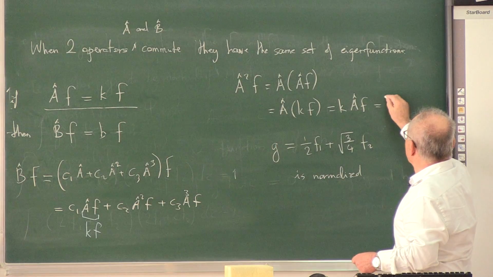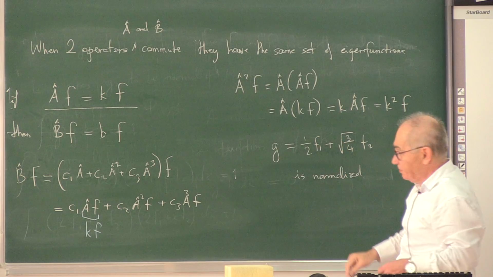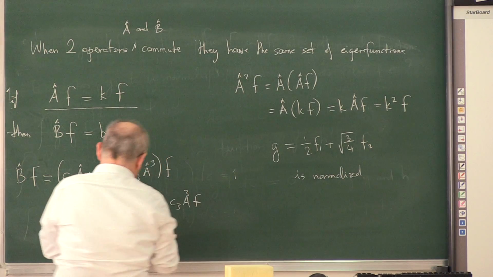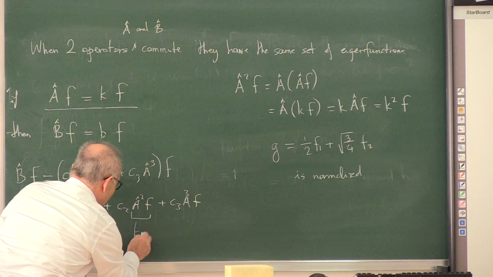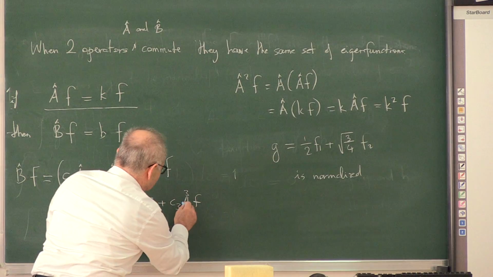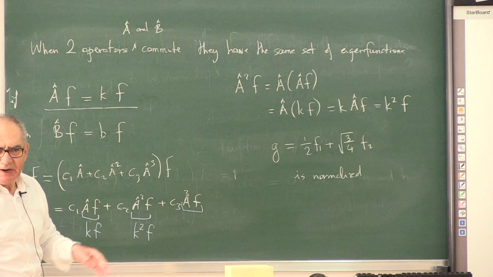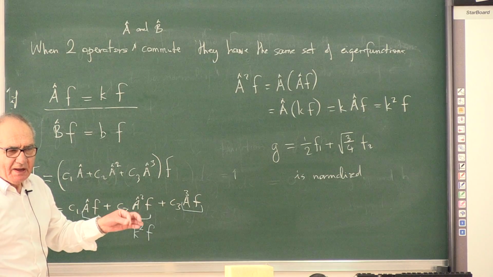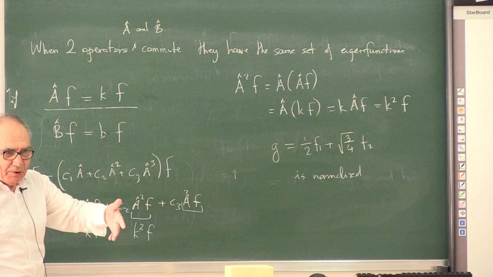So the final result is, this is K squared times F, isn't it? So this expression here is K squared times F. Similarly, when you do it with this, what do you think we are going to obtain after simplifying it? A cube acting on F will give us K cube.